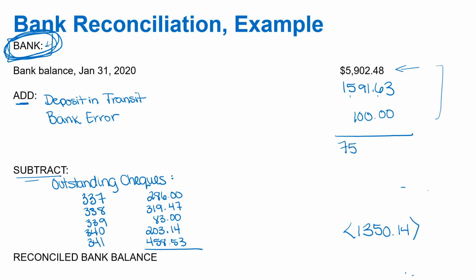So we'll add these and get to $7,594.11. So that's the subtotal there. Then we're subtracting these amounts, the outstanding checks, and we're now figuring out our reconciled bank balance. So $7,594.11 minus $1,050.14 gets us to $6,243.97. So that's the bank side.